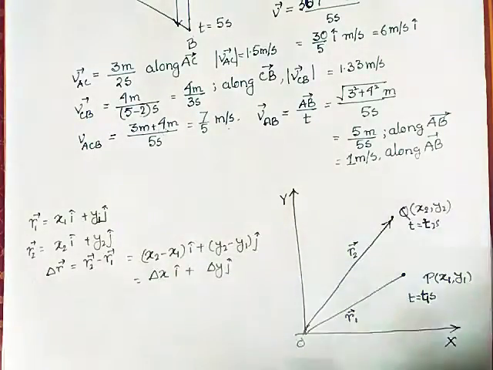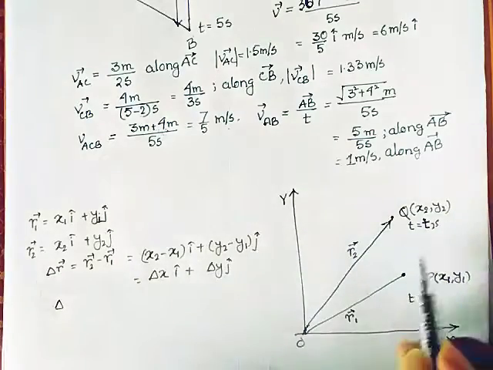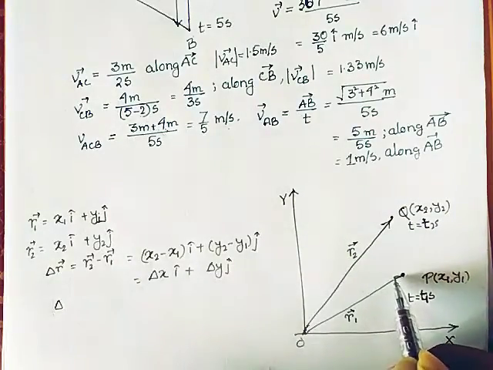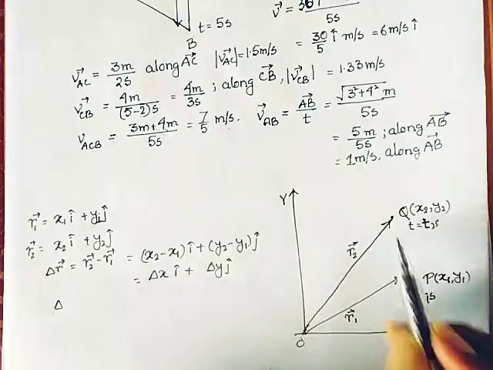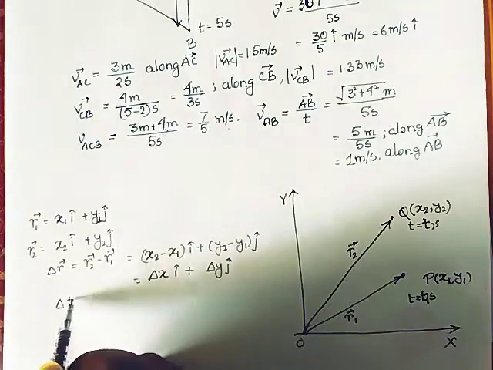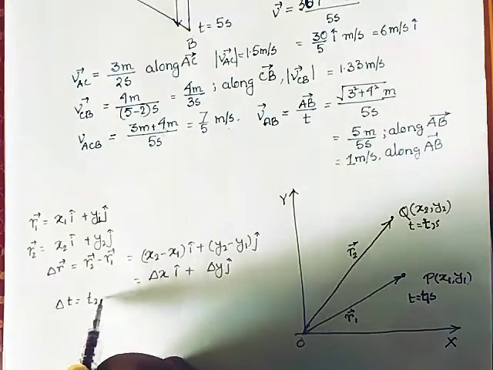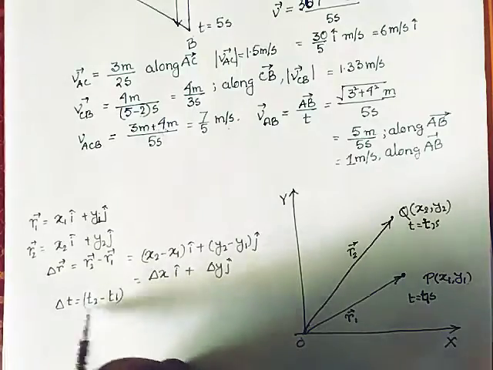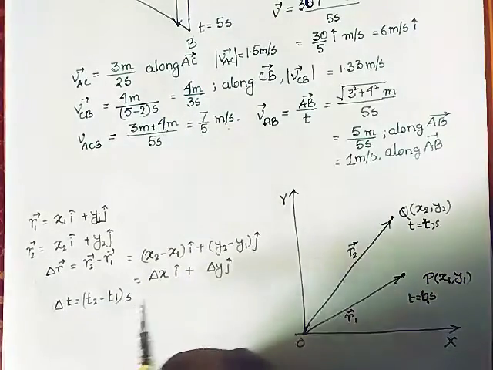In taking the particle from point P to point Q, the time is t2 minus t1 seconds.